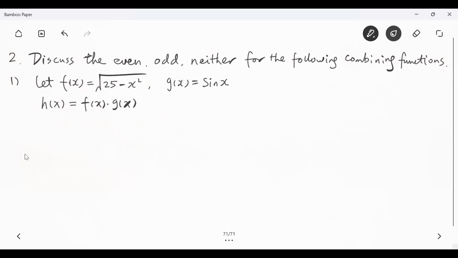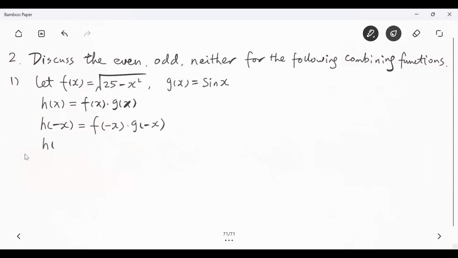Identify odd, even, or neither for the h(x). So we substitute negative x into the x. So the right side is f negative x times g negative x.